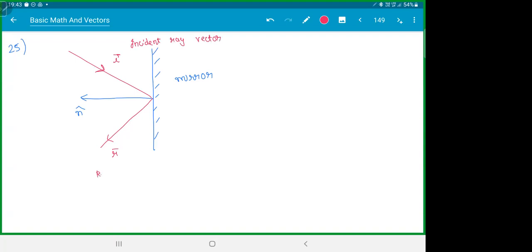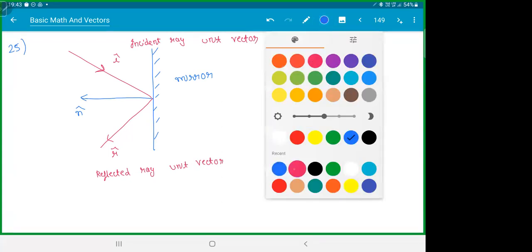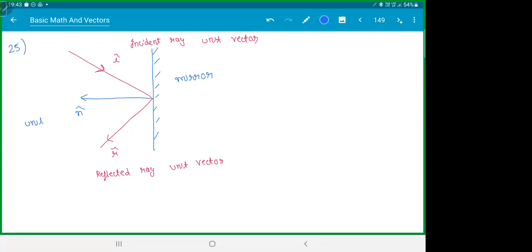R bar is a reflected ray vector. I'll just take the incident ray unit vector. This is a reflected ray unit vector. So I can use this in optics. N bar is a normal vector. And that's a mirror.